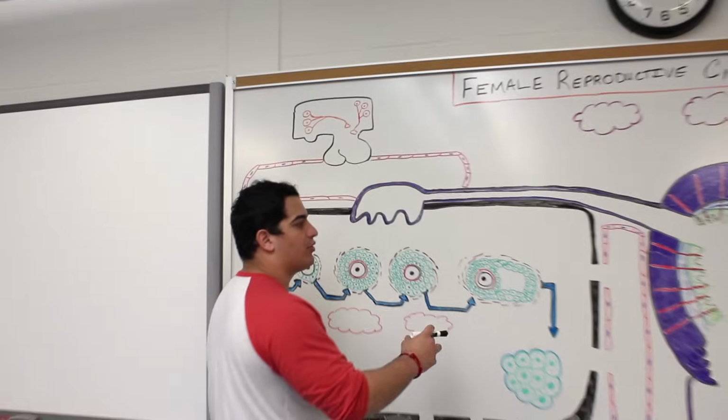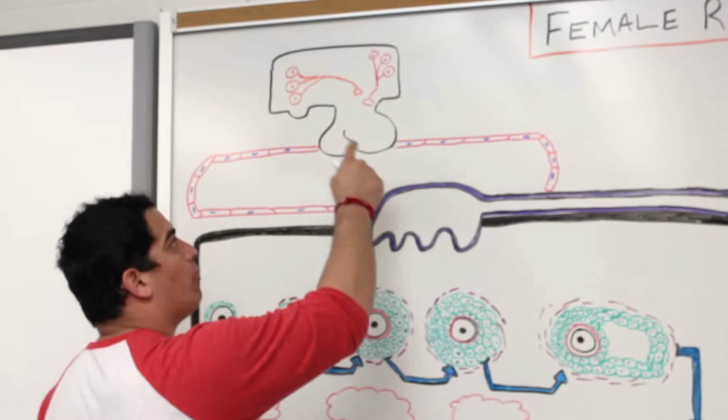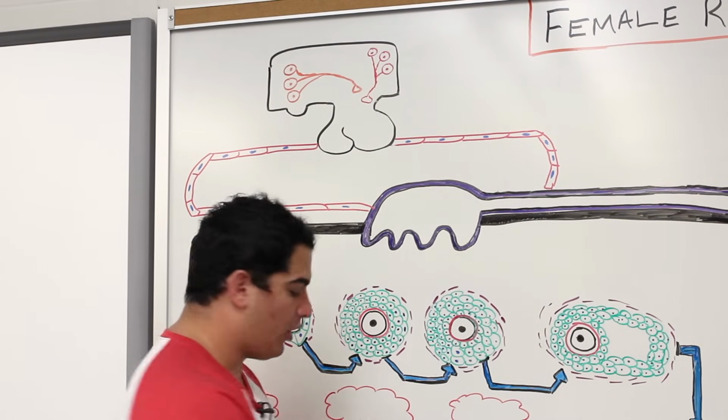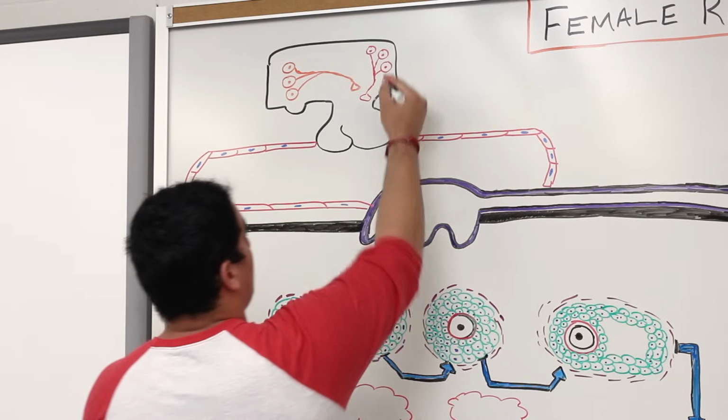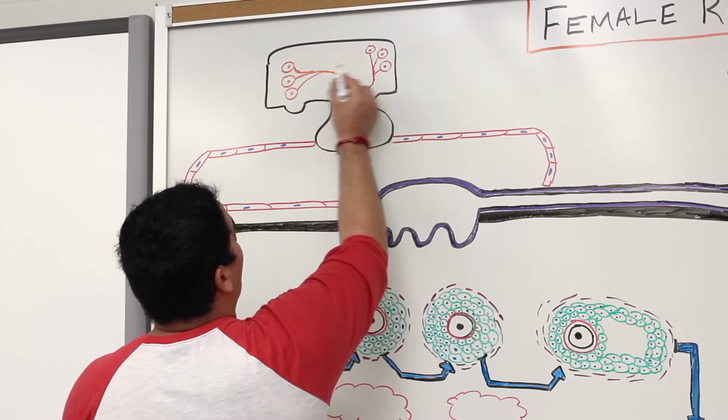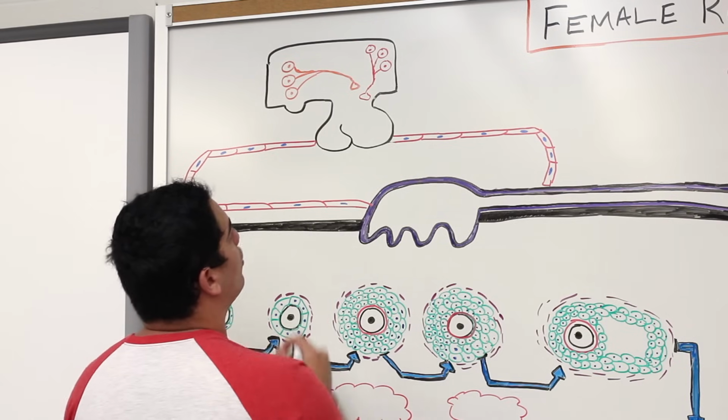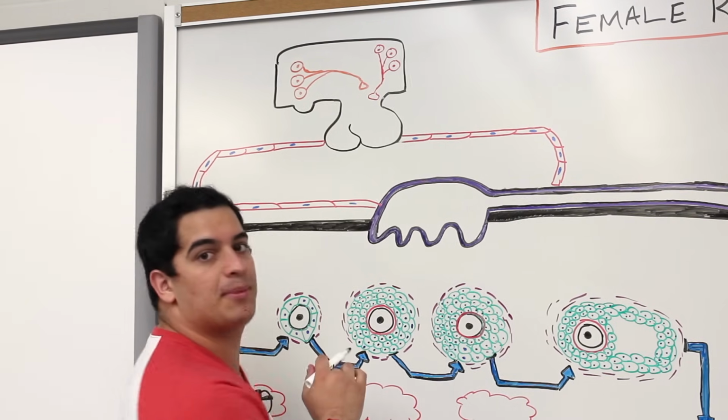Everything upon which these cycles are working is dependent upon the hormones produced by the hypothalamus. So let's start up here in the hypothalamus. Here's your hypothalamus, and in the hypothalamus you have two different special nuclei that are secreting specific types of hormones.